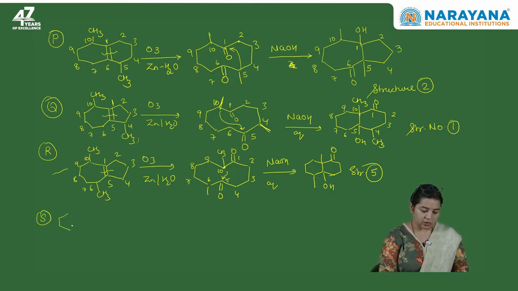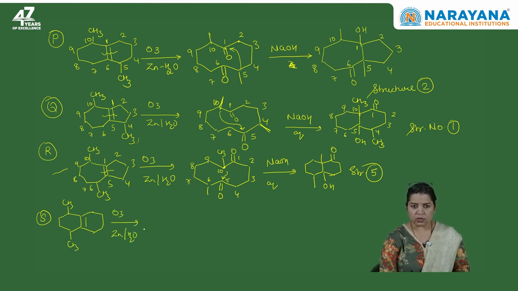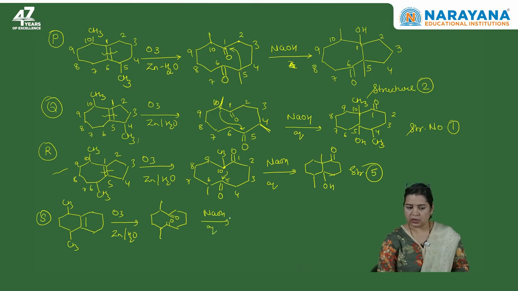S is 2 six-member. So this is a little modification from your P option. Same thing, ozone, zinc, water, but the positions are the only concern, right? Oxygen, oxygen, 2 CH3s, same way, aqueous NaOH, right?